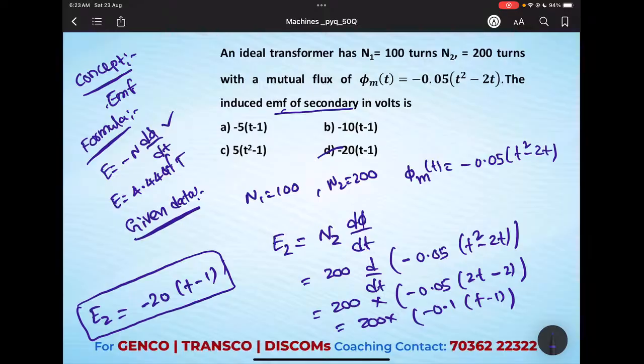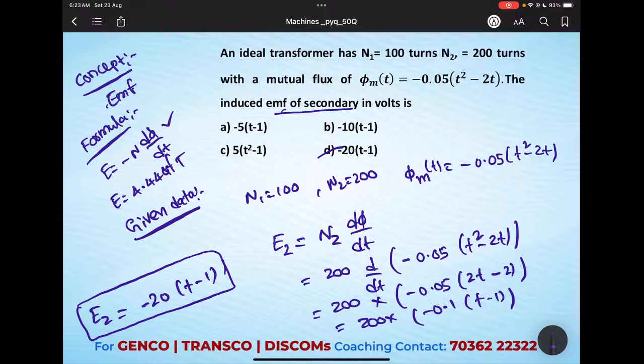Is it clear? In this question, where we need to focus is the formula. We have calculation of EMF, and two formulas are there. Which one do we choose? Based on the given data we need to select. As per the given data, the number of turns and flux are there, and there is no information about frequency, that's why we went to the first formula.